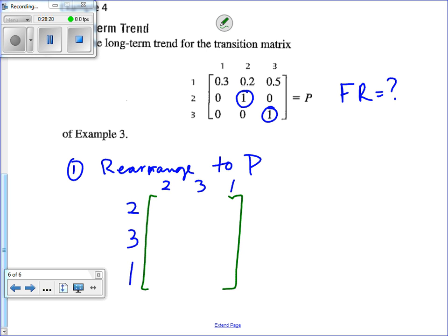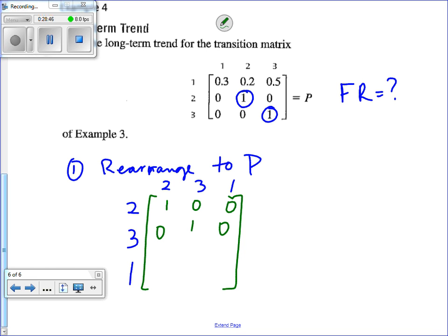And then I'm going to put my entries in there. So for 2, 2 was 1. For 2, 3 was 0, and 2, 1 was also 0. For 3, 2, I have 0. For 3, 3, I have 1, and 3, 1 is also 0.